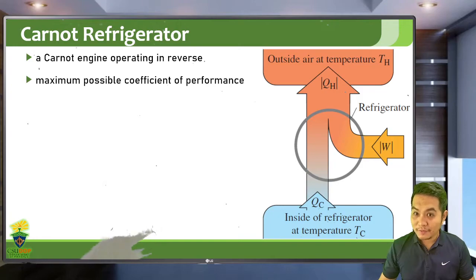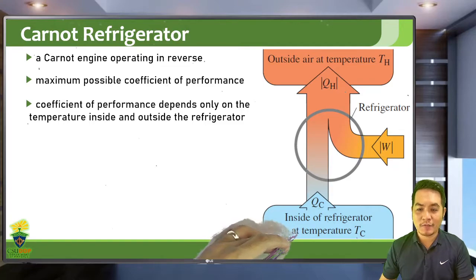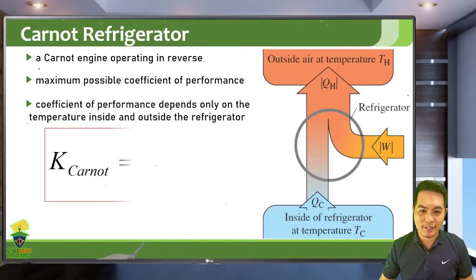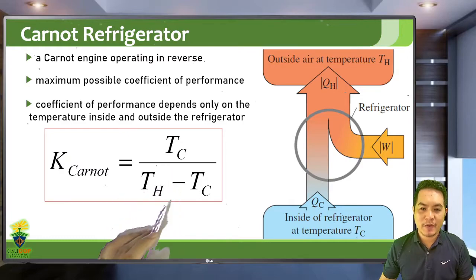It's still a refrigerator, but it has the maximum possible coefficient of performance K. Similar to the Carnot engine, its coefficient of performance only depends on the temperature inside and outside the refrigerator, the temperature of the cold region and the temperature of the hot region. It's just TC over TH minus TC.